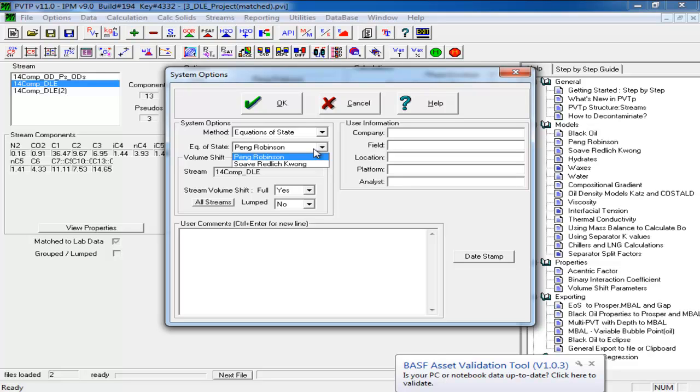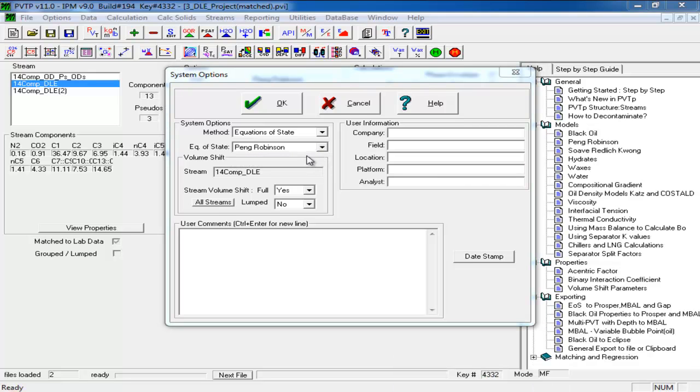If you fix oil density, for example, let's say you don't use volume shift. You say in the software, volume shift, no. Okay, I will not use volume shift. Then I will not have this fix, but you will try to match this point.